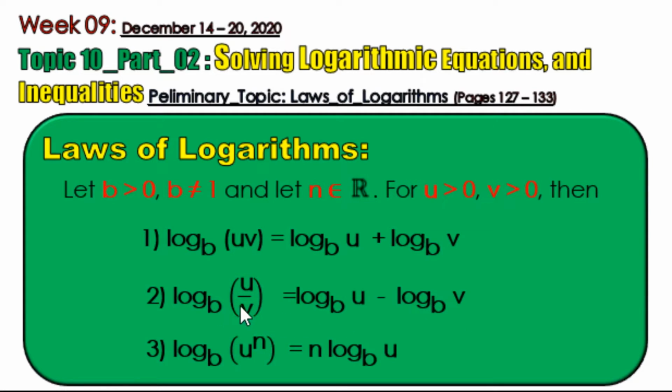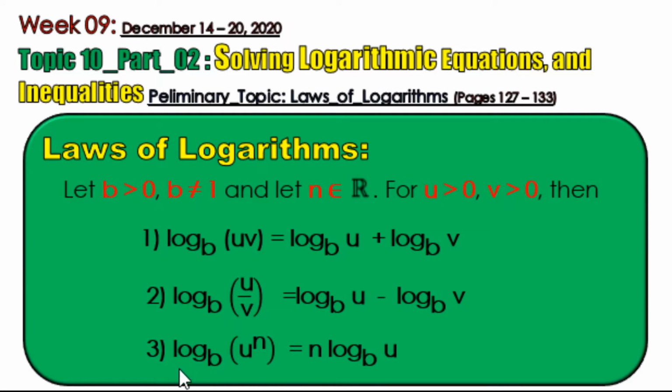Which simply means that the logarithm of the quotient of two positive numbers is just equal to the difference of the logarithms of the two positive numbers. So we have quotient, we have difference. Okay, so division and subtraction.